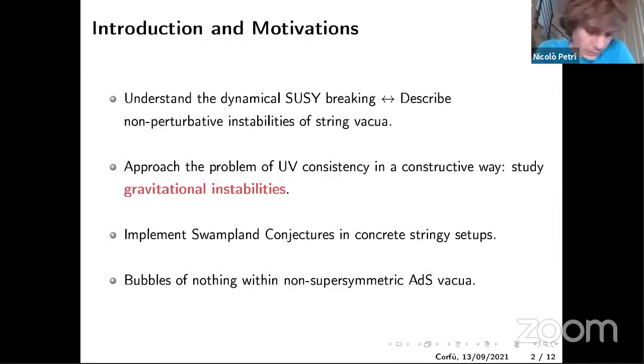Of course, the presence of supersymmetry is a sufficient condition for the stability of gravitational systems, but we all know that in some way we need to understand how dynamical SUSY breaking works, in order to build up models with the aim to be realistic from the point of view of phenomenology.